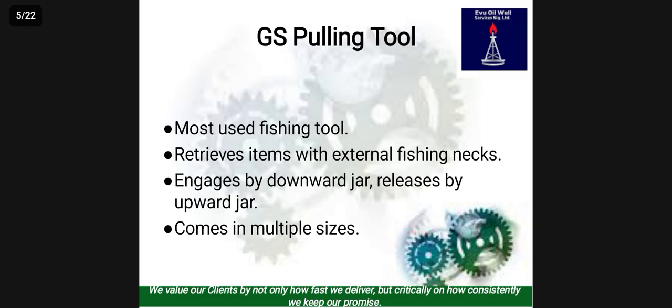You release it with an upward jar. It comes in different sizes to fit various neck profiles. Always make sure the GS size you picked matches your fish neck, because wrong size means a failed job altogether.